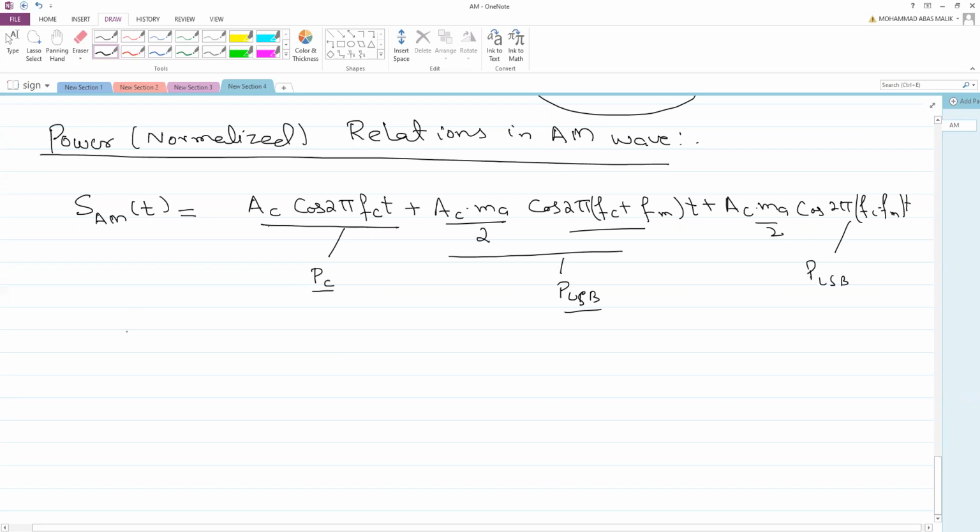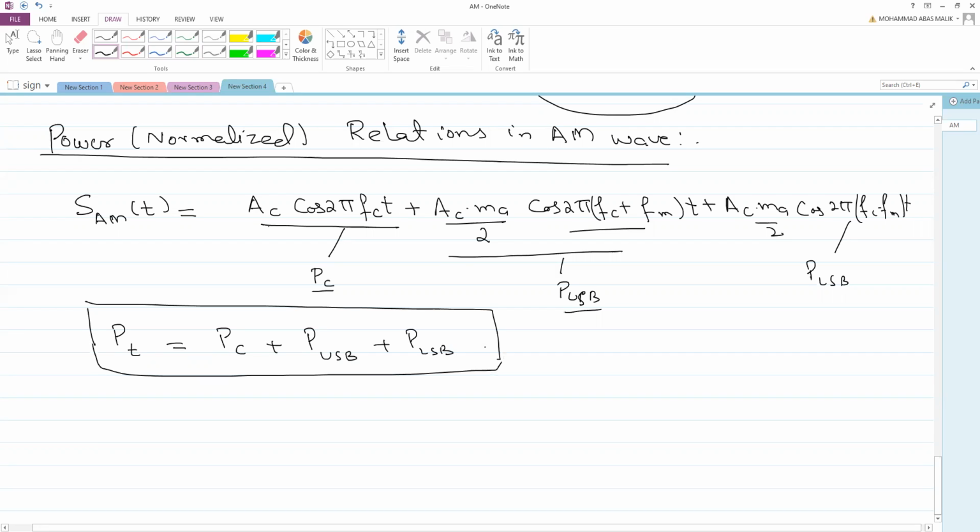So the total power of your modulated signal will always be equal to the carrier power, because you have one carrier component here, plus the power of the upper sideband, plus the power of the lower sideband. The total power will be equal to PC plus PUSB plus PLSB.